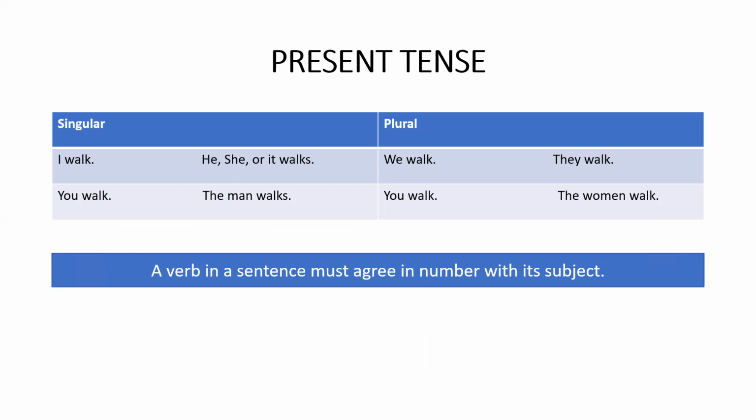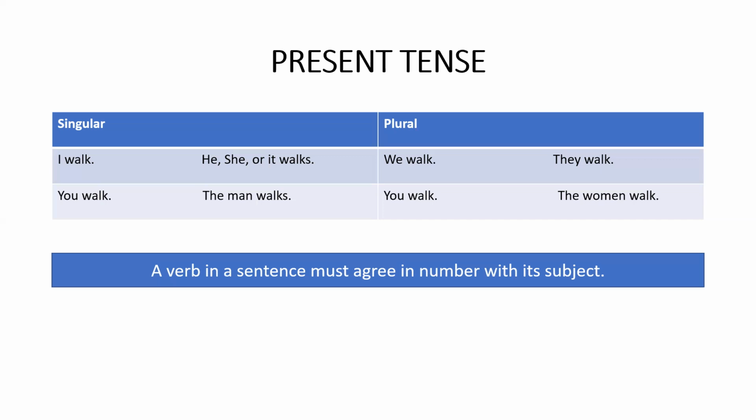So, present tense: I walk; he, she, or it walks. In the plural, we walk, they walk. Likewise, you walk, the man walks. In plural, you walk, the women walk.